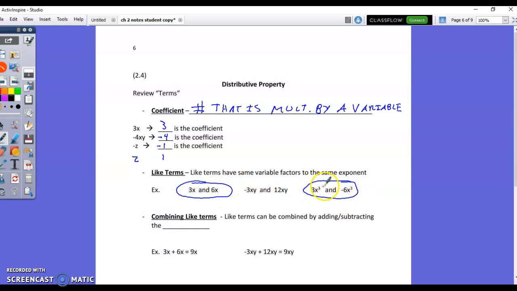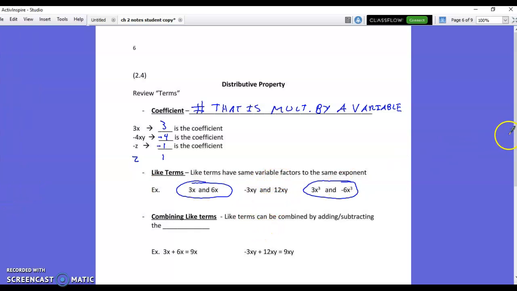This is a 3x to the third and a negative 6x to the third. So that little 3 makes it so that they're not like terms with these. The only things that are like terms with a 3x and a 6x is something that's being multiplied by x only. If this was a third there, then those would both be considered like terms as well. But they're not, so we cannot combine them if they are not alike.